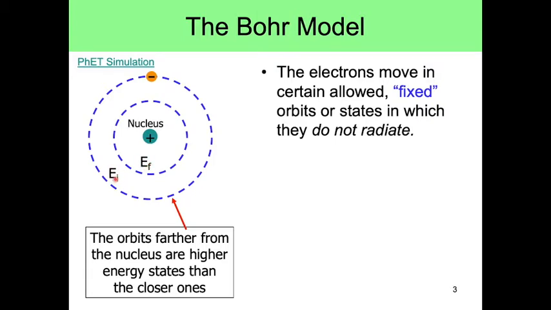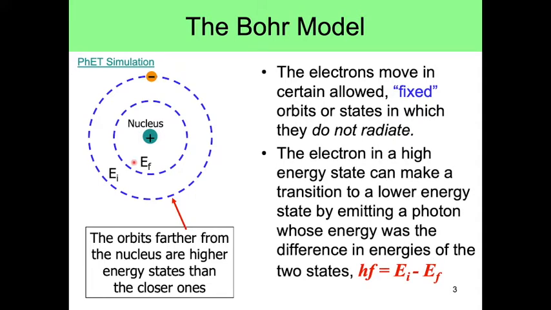EI stands for the initial energy state. Right now this electron is orbiting in the initial orbit, which has a higher energy level. It's like an apartment building. This is the second floor, and this is the first floor, because it's the ground level.